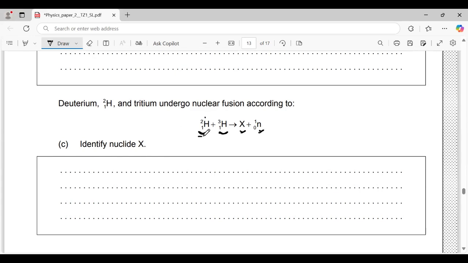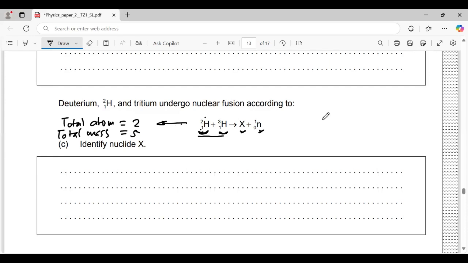On the left side of these equations, the total atomic number is 1 from deuterium and 1 from tritium, so 2. The total mass on the left is 2 from deuterium and 3 from tritium, so the total mass is 5.